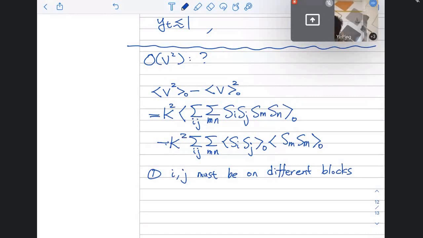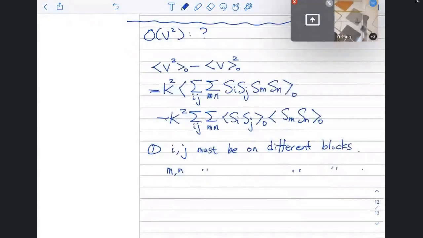Okay, so IJ must be on different blocks, and similarly, M and N. Sorry, this one should be N. Also must be on different blocks. That's also from the structure of I, J, M and N from V. Okay.